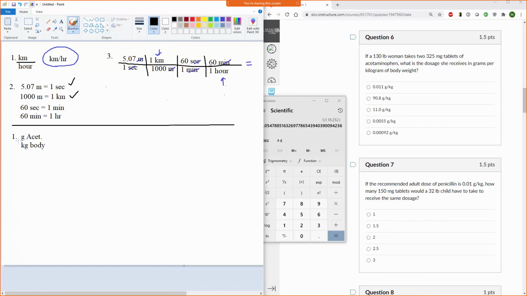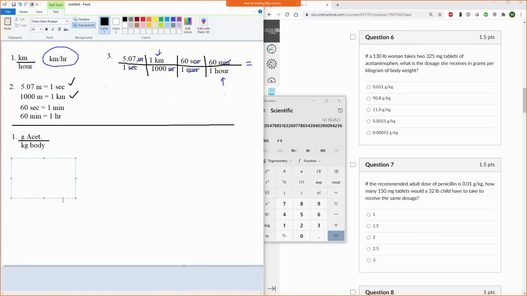I'm going to be specific about what the grams is referring to and what the kilograms is referring to, because now we're going to want to pay attention to both the measurement units of grams and kilograms and the identity units of which of these is referring to acetaminophen, which of these is referring to body weight. Because if I have grams of acetaminophen, I can translate that to kilograms of acetaminophen, and that would be wrong, but it might be misleading. I might think that's what I'm supposed to do because there's kilograms there. Does that make sense? Be very careful.